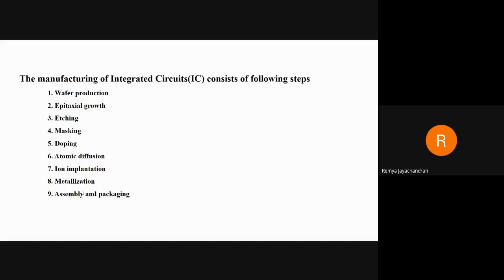The process is named the Czochralski process and zone refining process. Through that method, the wafer is produced in the desired dimensions, the desired diameter. Then the epitaxial growth, then etching, masking, doping, diffusion, ion implantation, metallization, and finally the assembly and packaging.